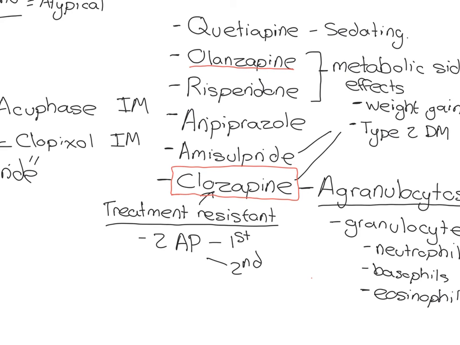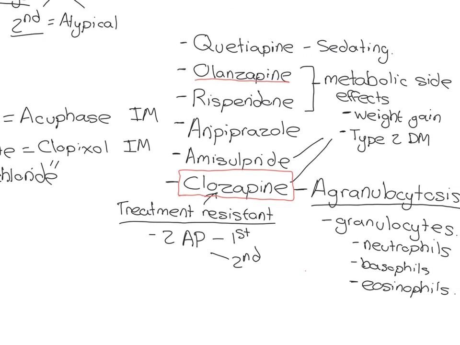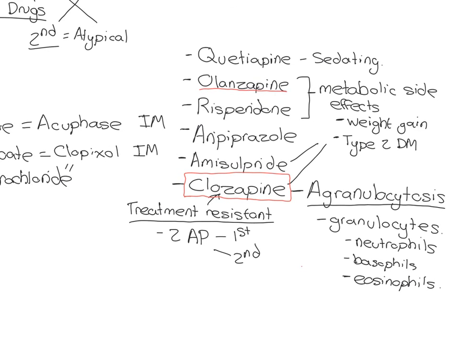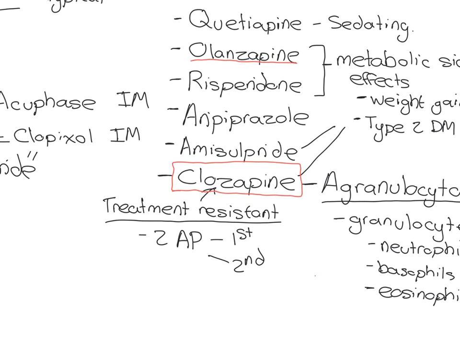Quetiapine, it's a powerful antipsychotic, but it does have this side effect that it's very sedating, so usually it's taken before you go to bed because of the fact that it makes you incredibly tired. Clozapine is the most powerful antipsychotic in existence at the time I'm making this video.